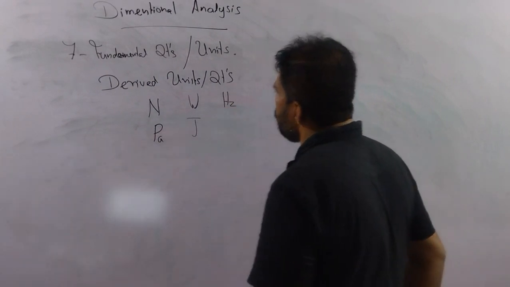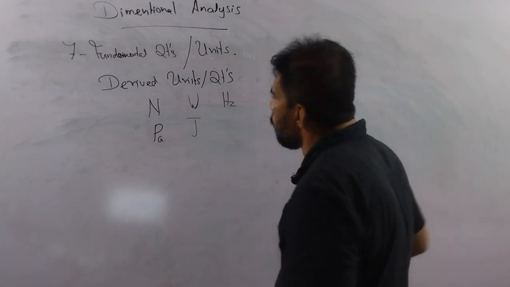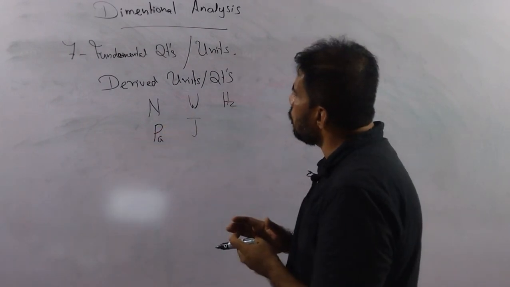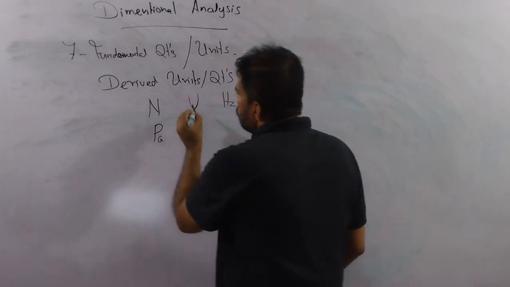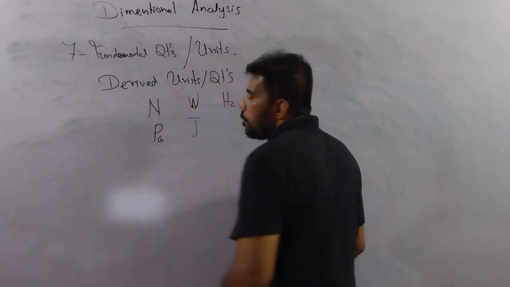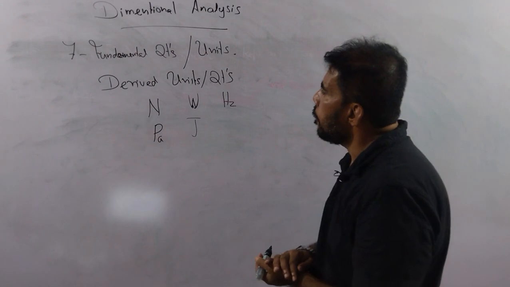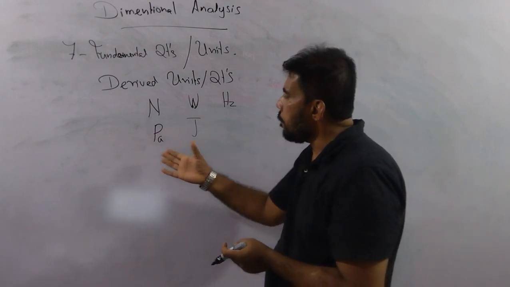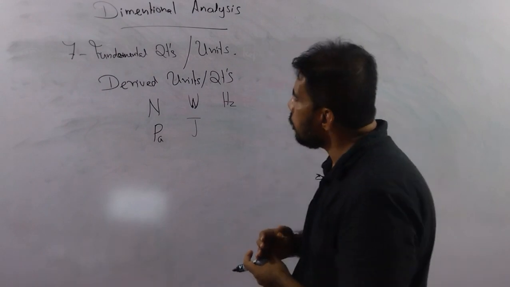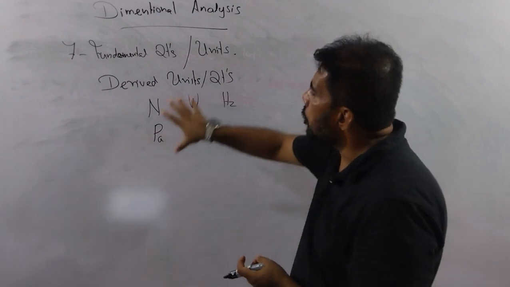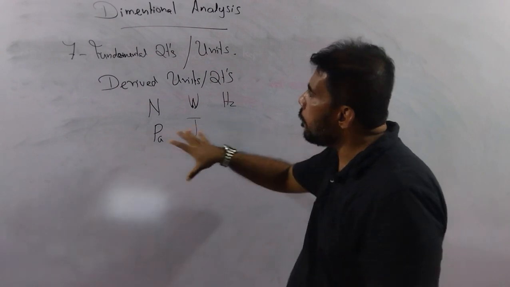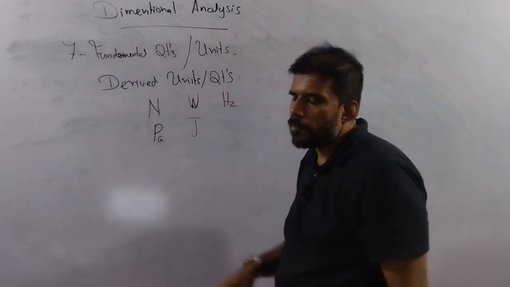Those are derived units with specific names. Even if someone knows physics and you tell them Newton, they will understand what is Newton and what is Joule and what is Pascal. But these are derived units, and these units are not directly represented with the fundamental units we discuss here.